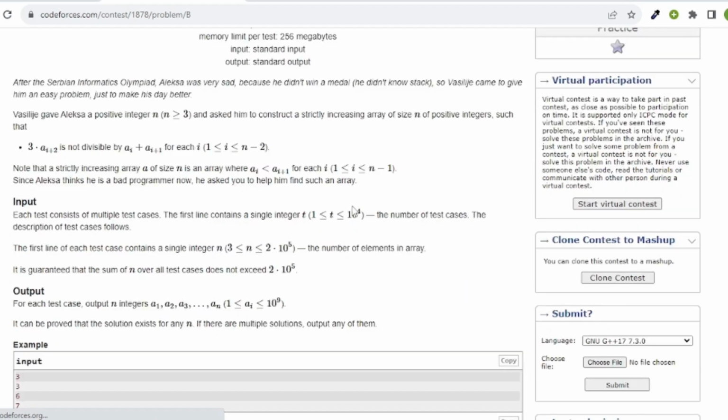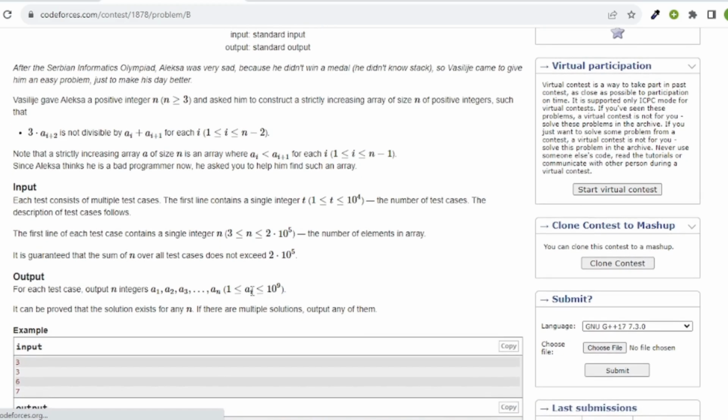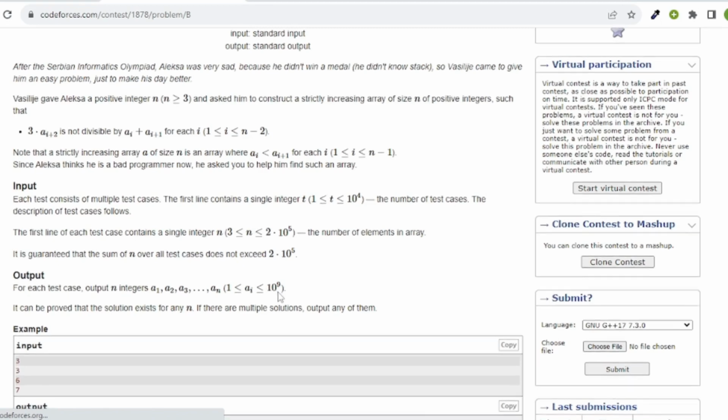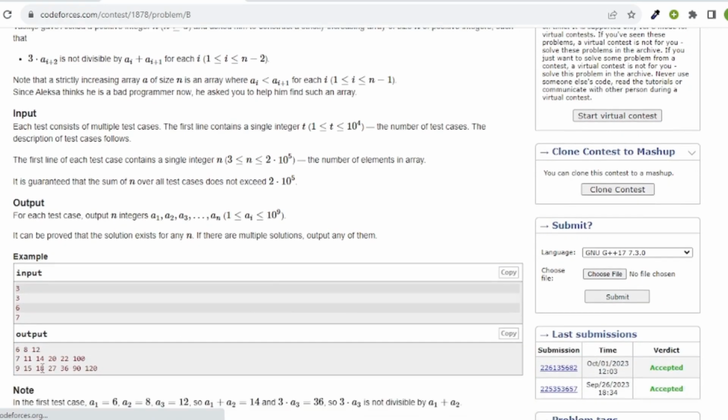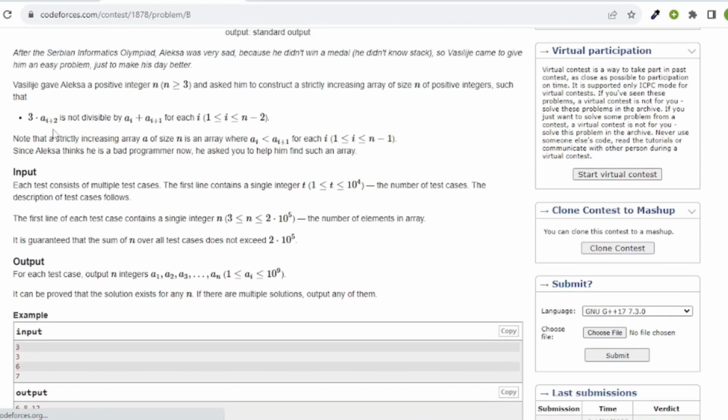The number of test cases is between 1 and 10 to the power 4, and n, the size of the array, ranges between 3 and 2 times 10 to the power 5. The positive integers should be between 1 and 10 to the power 9. So you have to construct such an array which holds this particular condition.